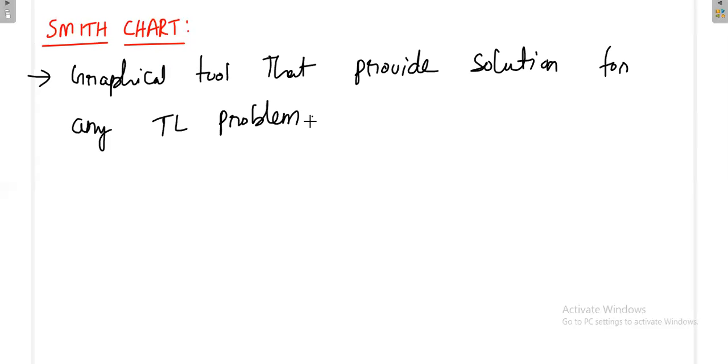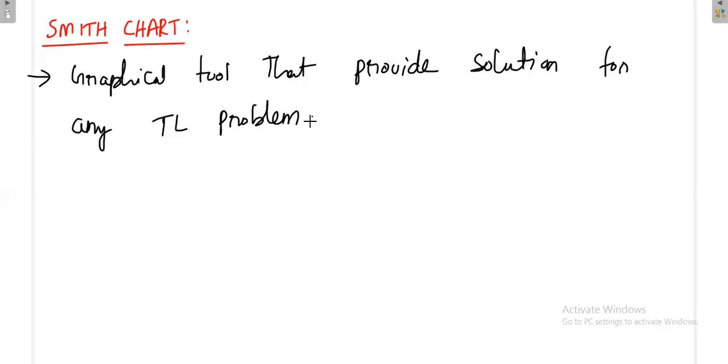Generally, Smith charts are of two types: one is the impedance Smith chart and another is the admittance Smith chart. In general, we'll discuss the impedance Smith chart, which is available in our books. But don't think that if it is impedance, then there is no admittance.